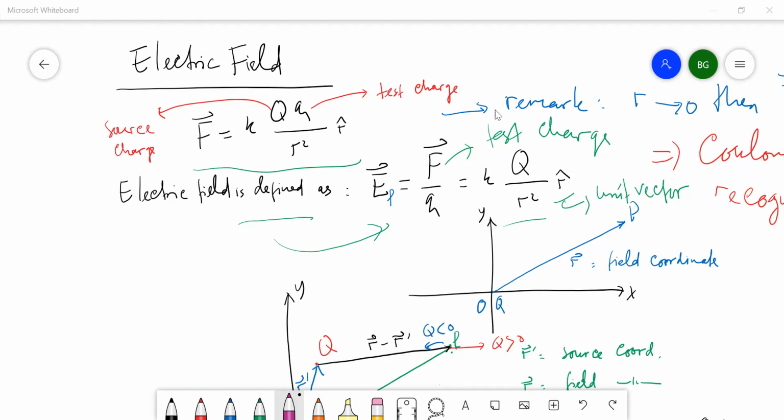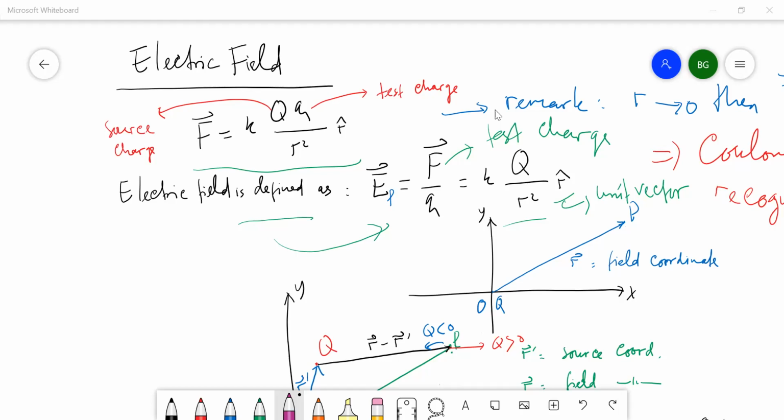Okay, let us discuss electric field. Last week, and also just now, we discussed force. Coulomb's law is related to the electric force between two charges. One is called the source charge, and the other is called the test charge.